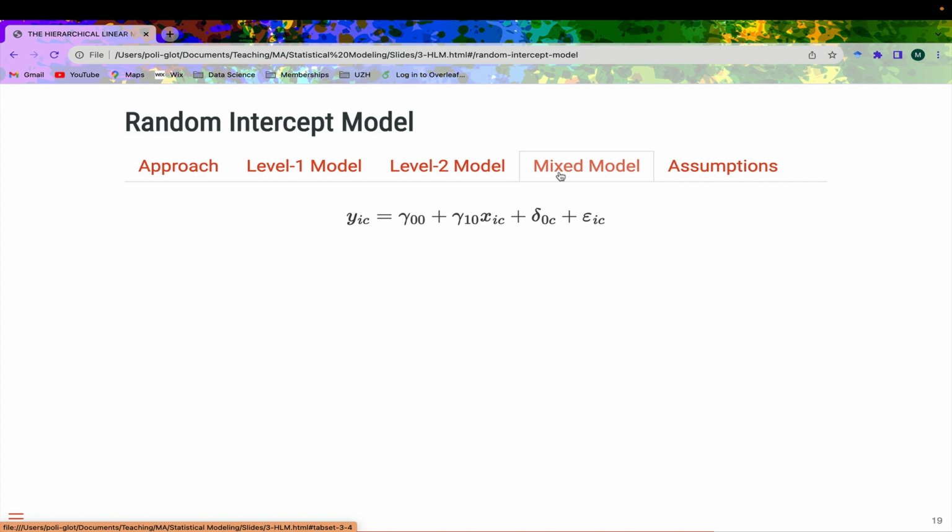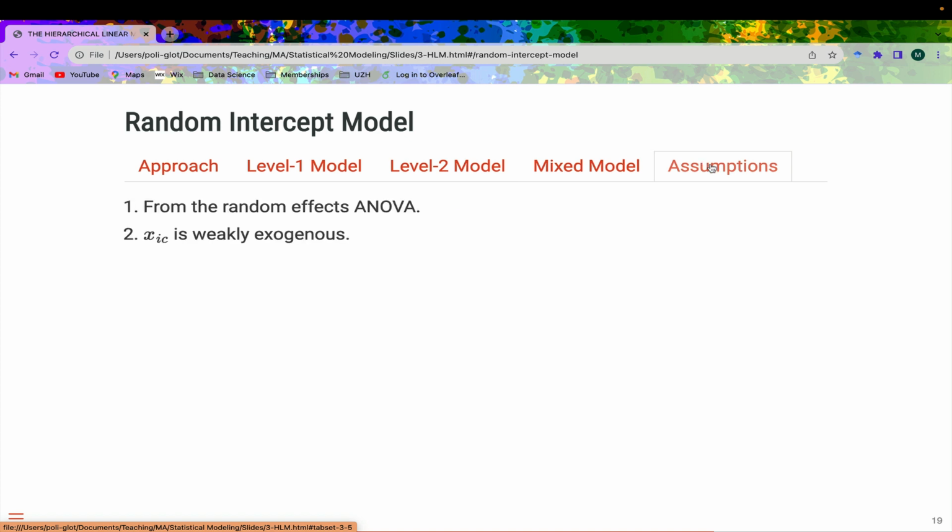Now, as far as the assumptions go in this particular model, we have the same exact assumptions from the random effects ANOVA concerning exchangeability and a lack of correlation between the level 1 and level 2 error terms. The delta is known as a level 2 error term, the epsilon is a level 1 error term.